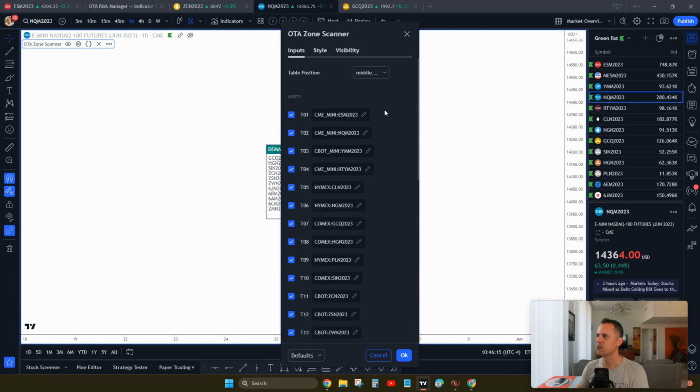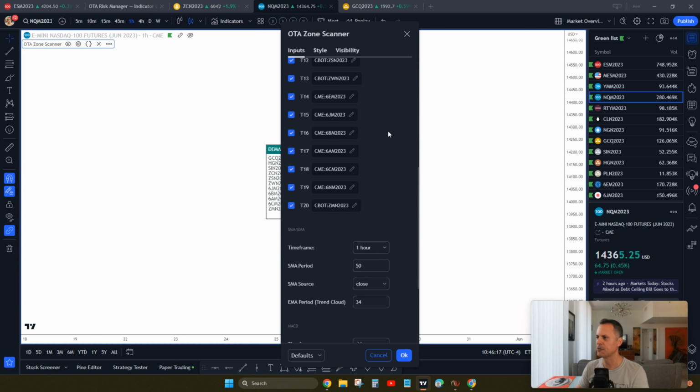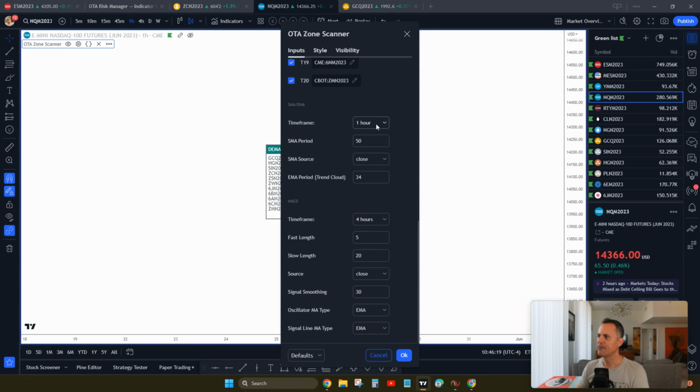Let me show you something really cool here on the zone scanner. I've got the 1 hour and the 4 hour time frames on here, 1 hour being my middle time frame, 4 hour being my high time frame. The zone scanner is going to tell you what time frames to use for your contracts.